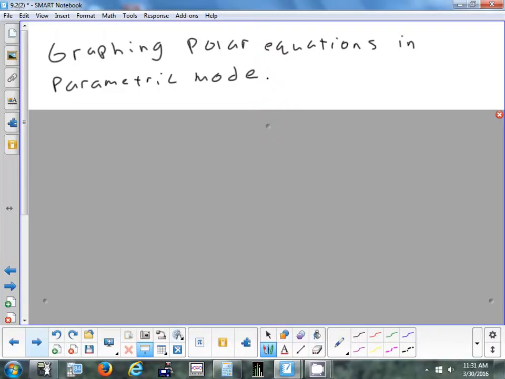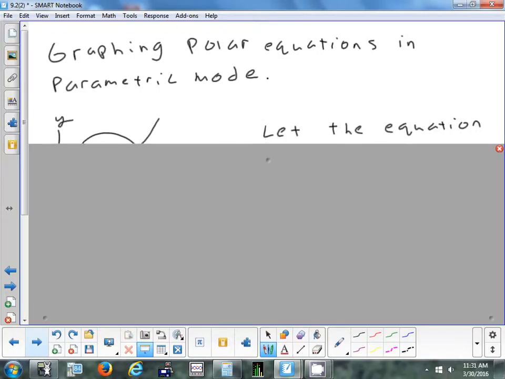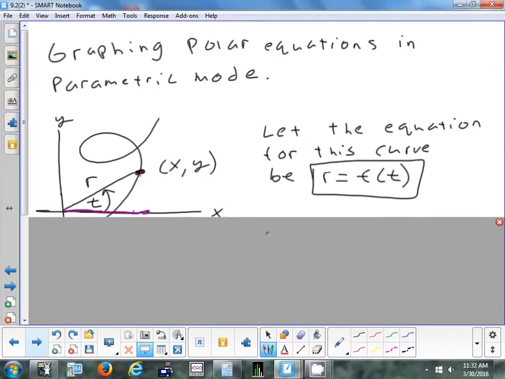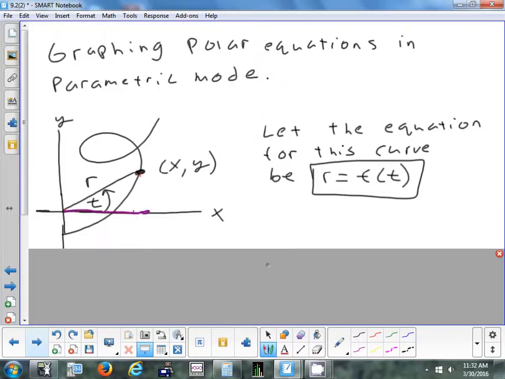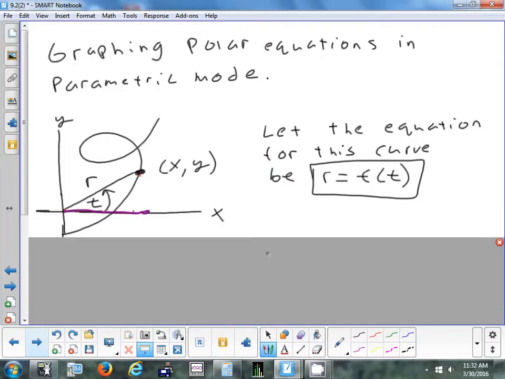Now we're going to convert polar to parametric. So I drew a curve in polar. This could be any shape you want, just some kind of curve. It doesn't even have to be a function.